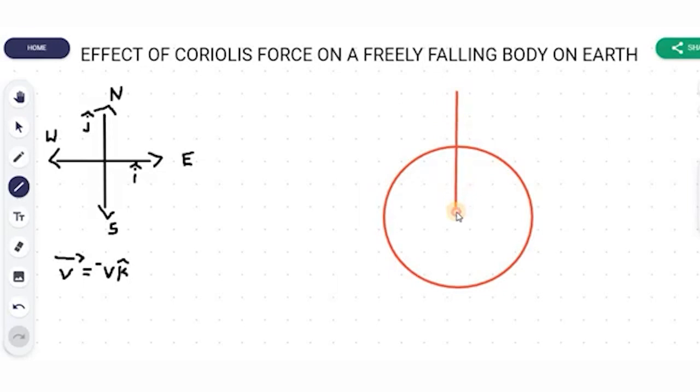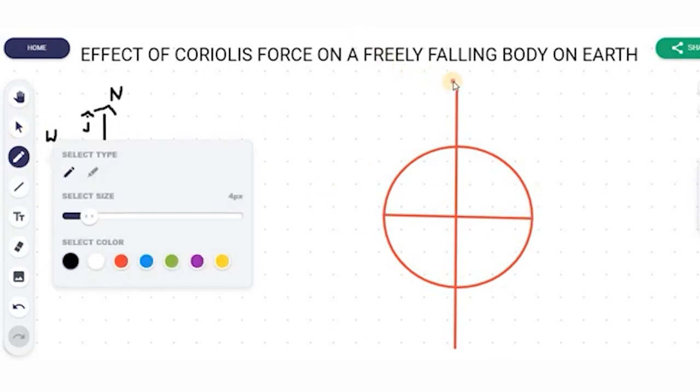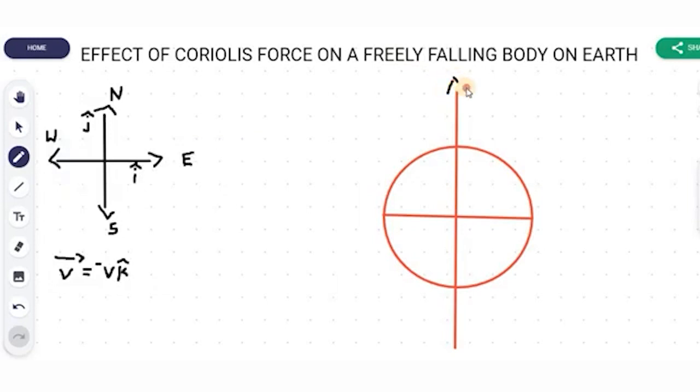I'm just drawing the north-south direction, and I can put the arrow marks here. This is the north direction, and this is south.